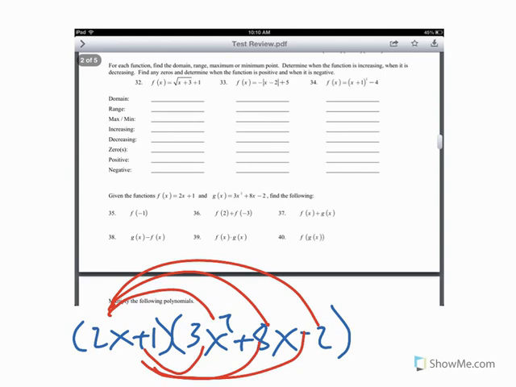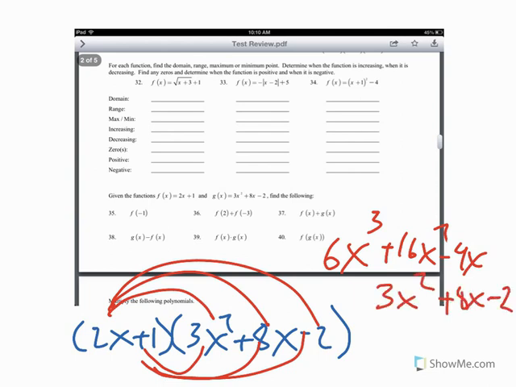So if I do this, I get 6x cubed plus 16x squared minus 4x, I get 3x squared plus 8x minus 2. And then from here, guys, combine like terms, so you get 6x cubed plus 19x squared plus 4x minus 2, and then that's the answer.